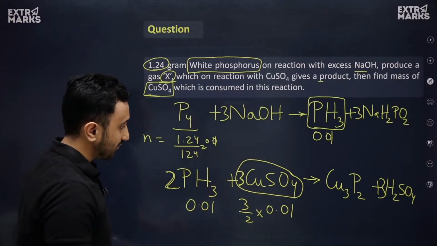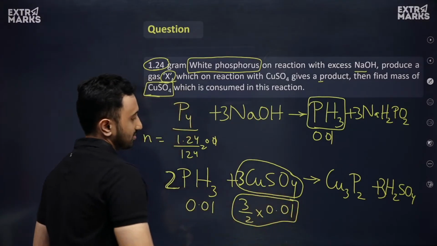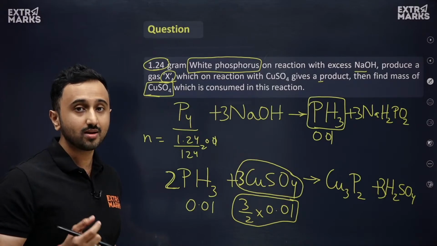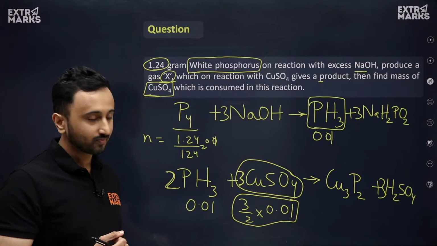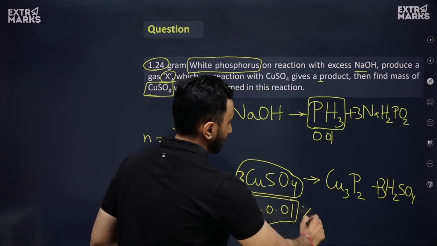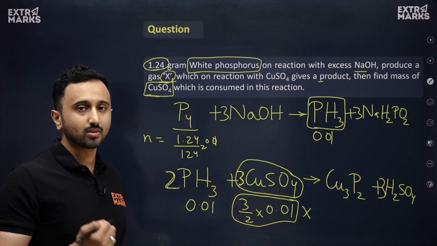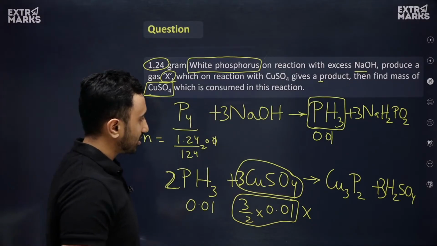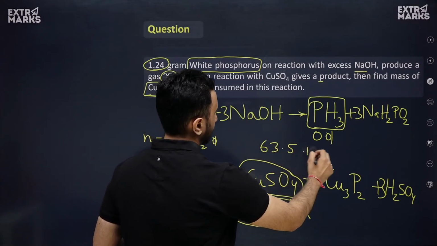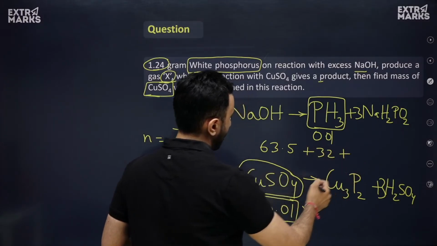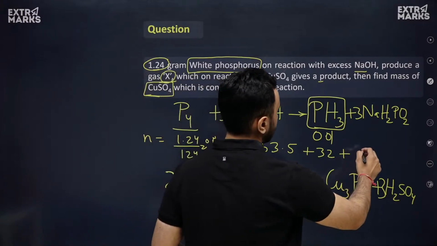Now, we have the moles of copper sulfate. The question is not asking for moles. The question says that we need to find the mass of copper sulfate. That means, once we have the moles, we need to multiply it by the molar mass of CuSO4. Now, what is the molar mass of CuSO4? You can calculate it. Copper is around 63.5, sulfur is 32, and here we have O4, 16 into 4, that would be 64.